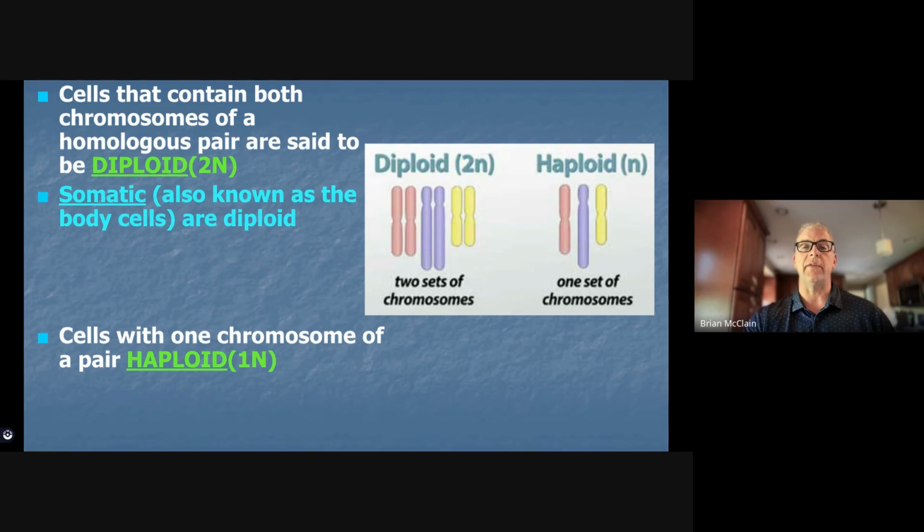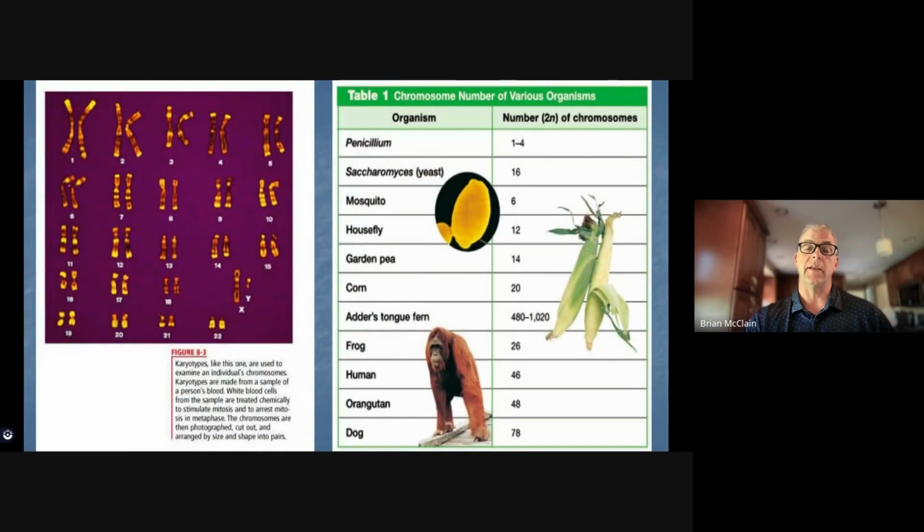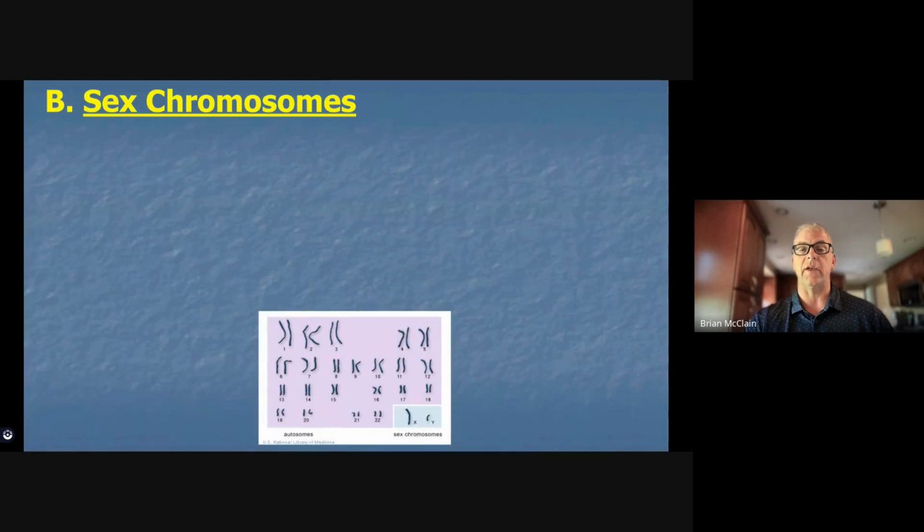On the right side of the diagram, we have haploid, and haploid is 1n. And that would mean that there's only going to be one chromosome for each set. So that would be an example of a sex cell, otherwise known as a gamete.